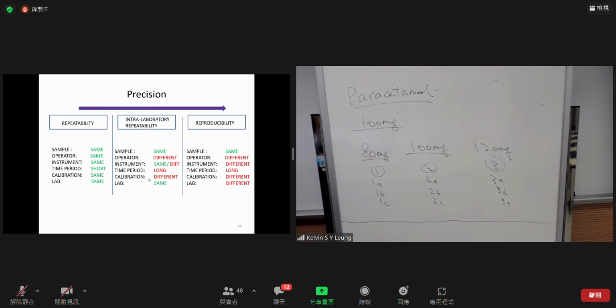Sometimes you may not even have two pieces of mass spec, then you have no choice. You ask another analyst to perform it with the same mass spec, but with different calibration and over a longer period.